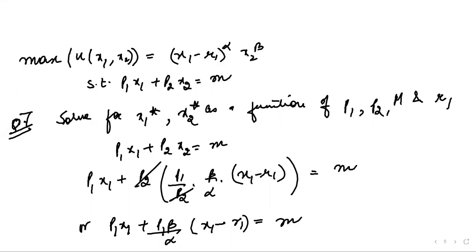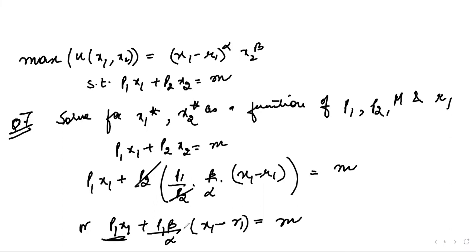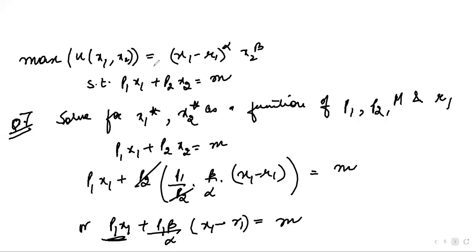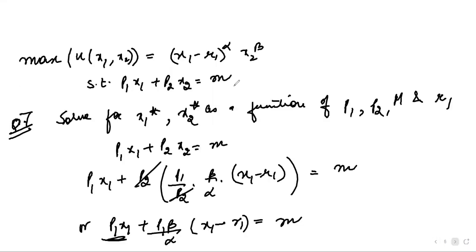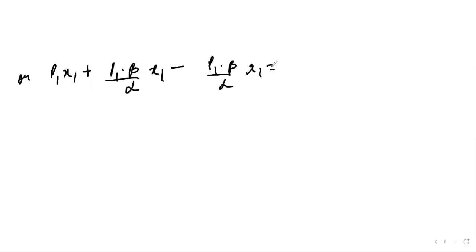So let's solve this further then. Let me just rewrite this. So I get p1 x1 plus p1 into beta by alpha into x1 minus p1 into beta by alpha into r1 is equal to m.